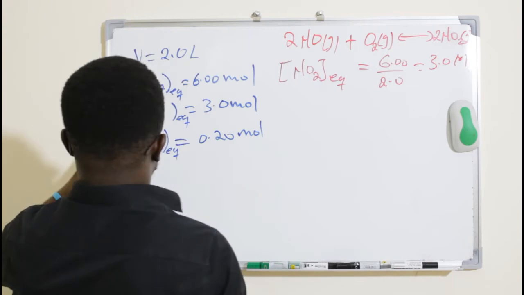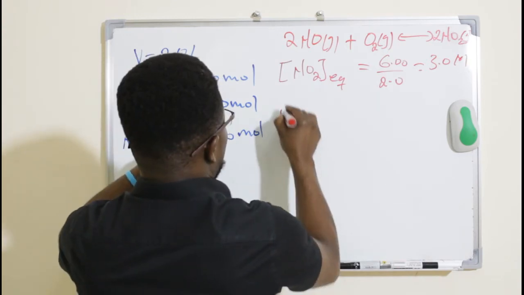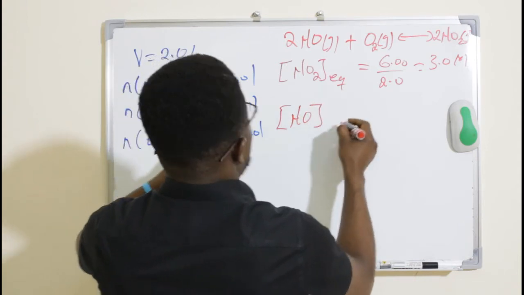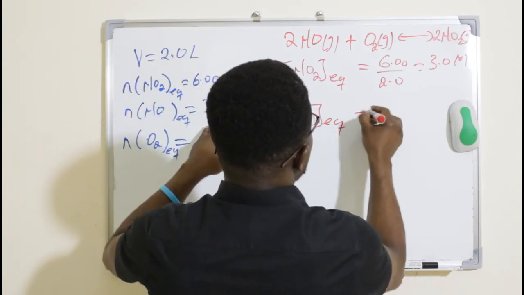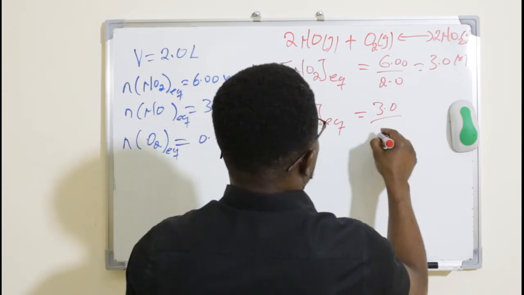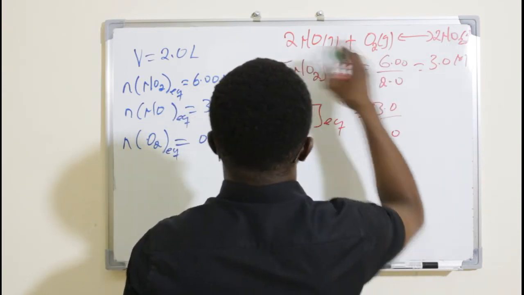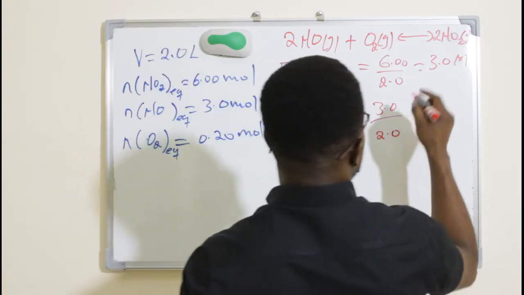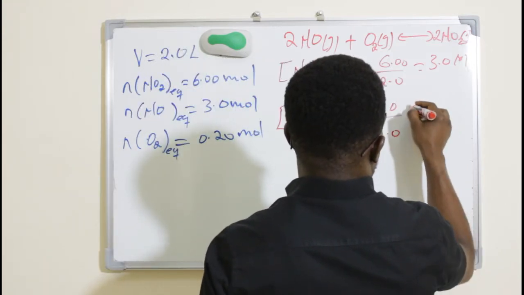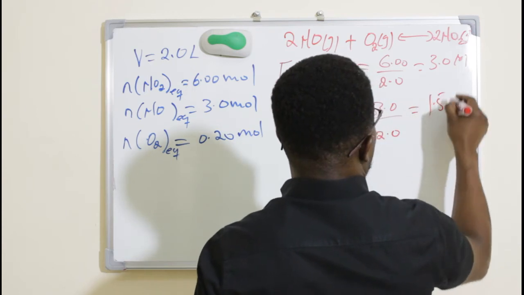And the same thing, we find the concentration of the NO, and that is 3.0 divided by 2.0. And if we have this, we're going to get 1.5 molar.